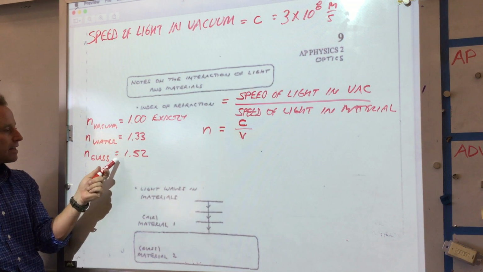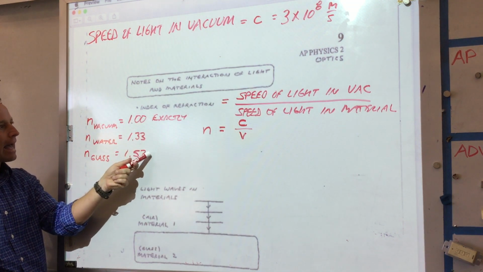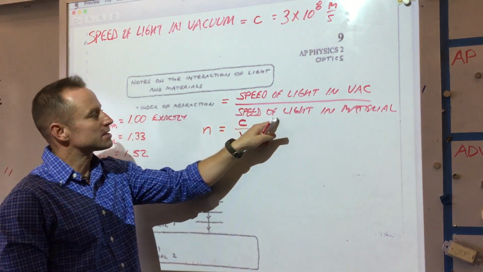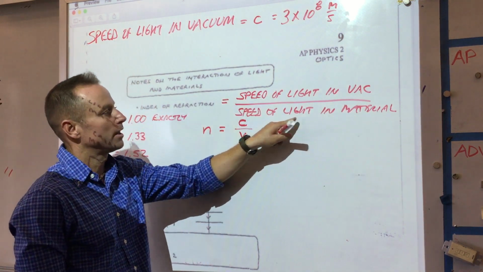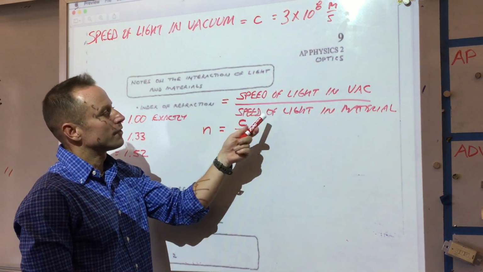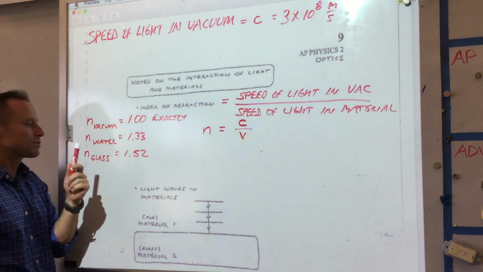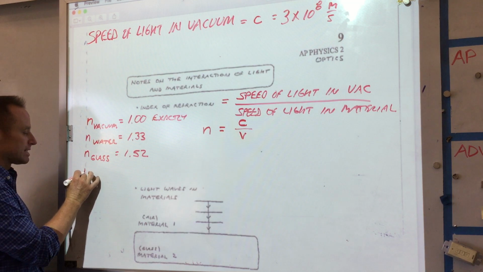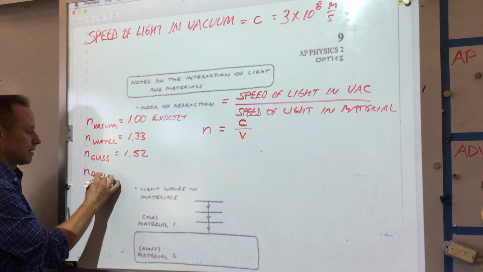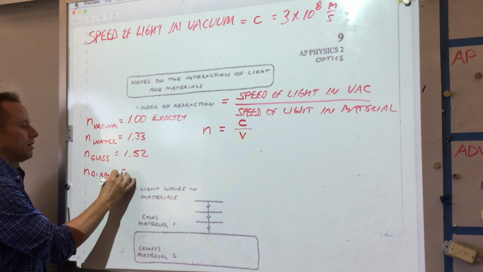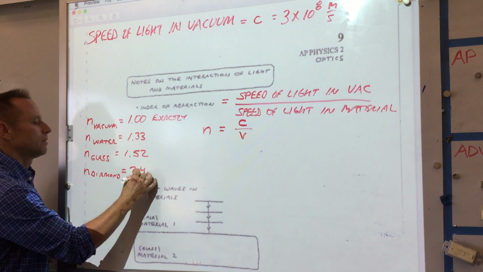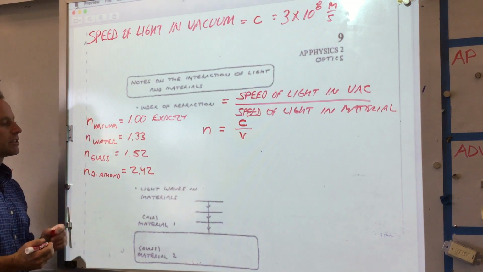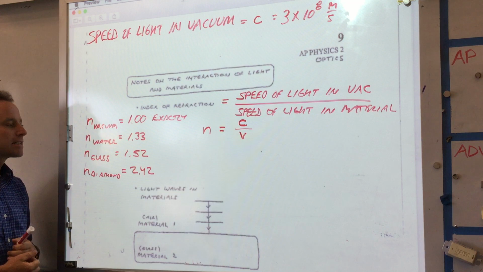Notice what this means. The bigger this number gets, the smaller the speed of light in the material. So you'll see this number growing as we get to materials where light goes slower and slower. One more that's really interesting is diamond, which is 2.42. So you can see the light really slows down in the diamond.